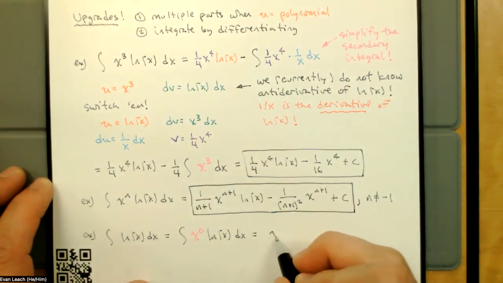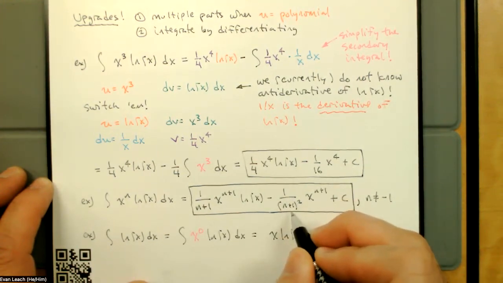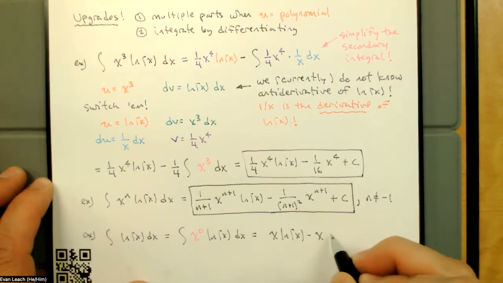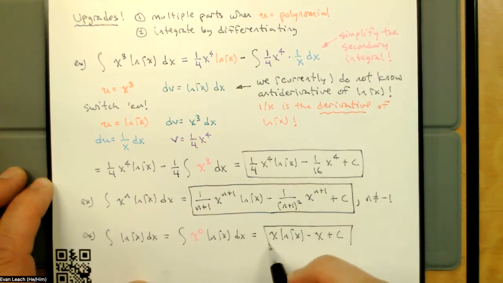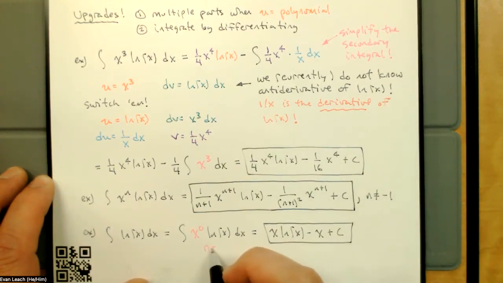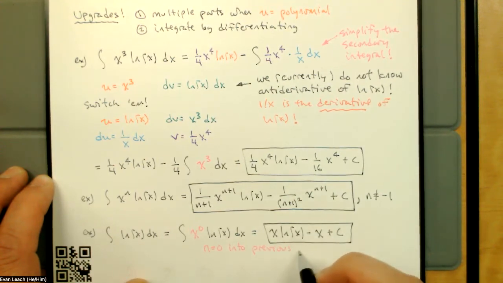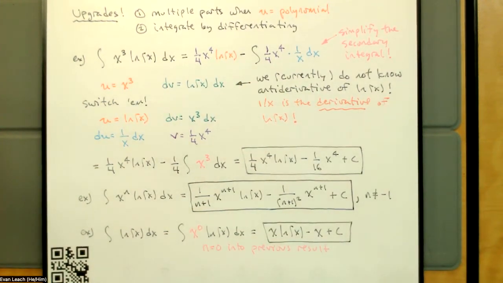So I get x to the first times the natural log of x minus 1 over 1 squared times x to the 1, just by putting n equals 0 into previous results. At this point, we now know what the antiderivative of natural log of x is. It's x ln x minus x.